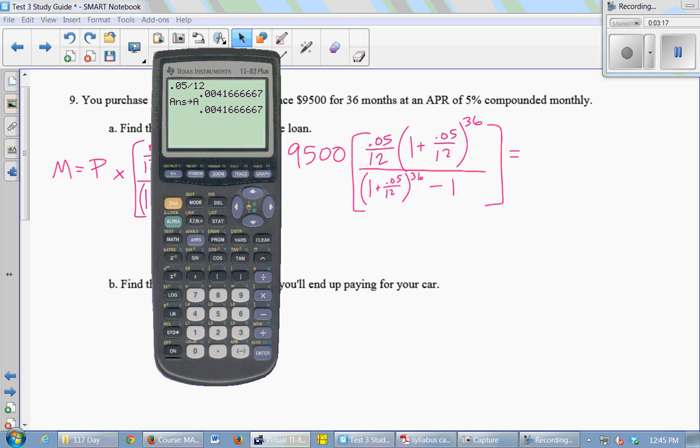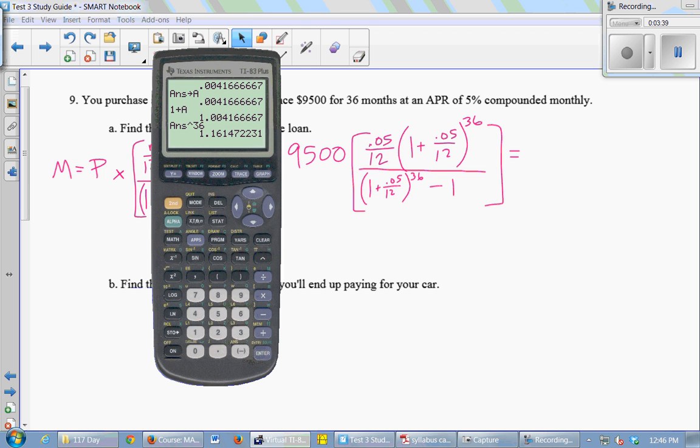So now in this bracket here, I'm going to work on the top of the fraction first. And on the top of this fraction, I'm going to work on the parentheses first. So I have to do 1 plus 0.05 over 12, which I stored as the letter A, and then raise that to the 36th power.